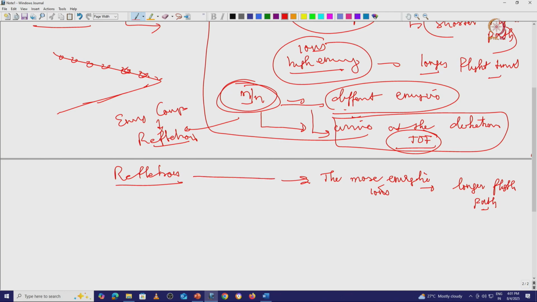The reflectron is used to make the more energetic ions have a longer flight path. Okay, so a reflectron is nothing but an electrostatic mirror.